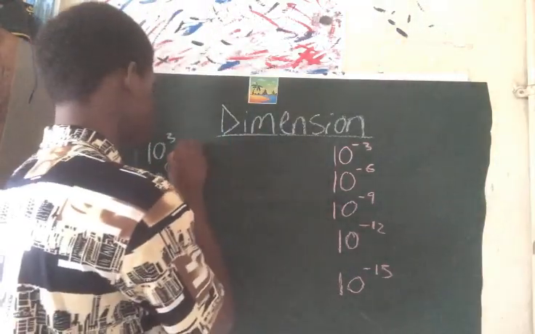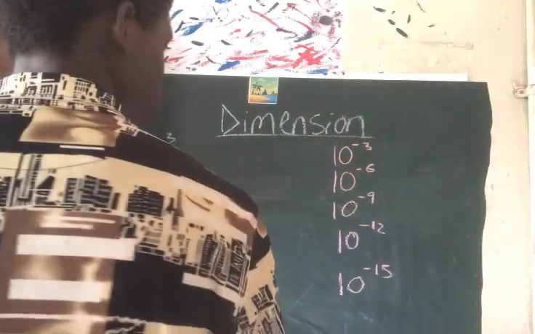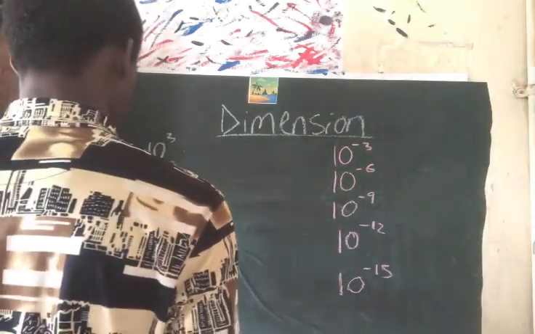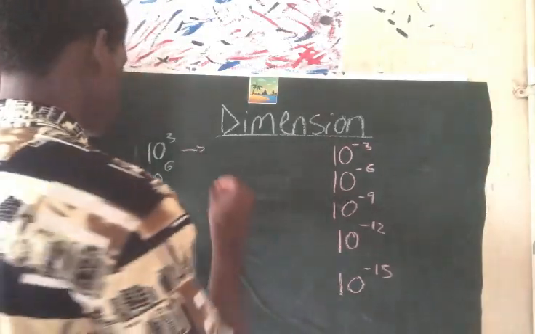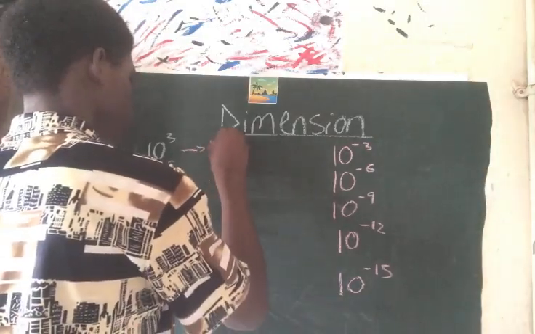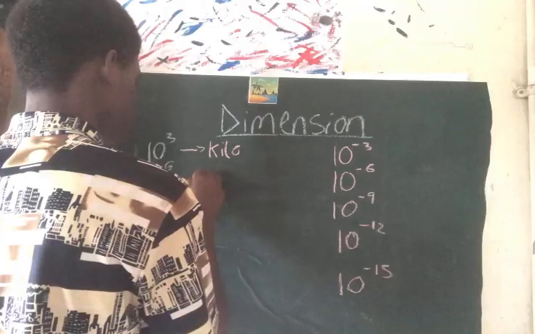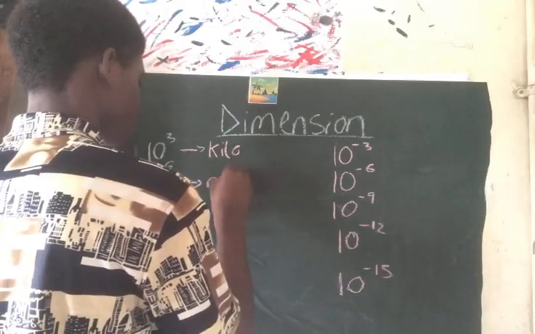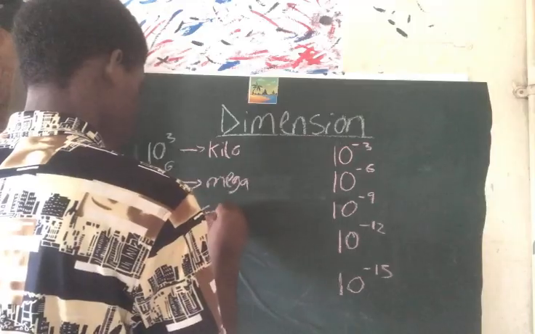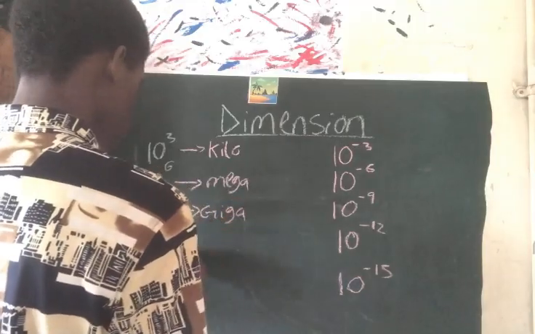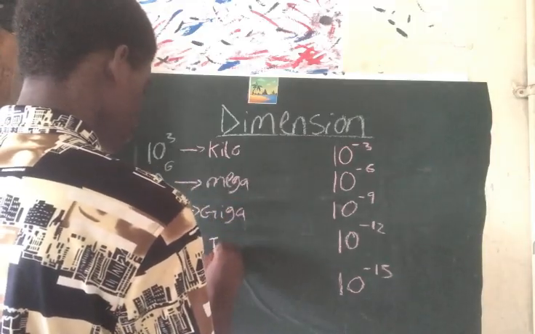So what do we call 10 raised to power 3? 10 raised to power 3 is called kilo. 10 raised to power 6 is called mega. 10 raised to power 9 is called giga. 10 raised to power 12 is called tera.